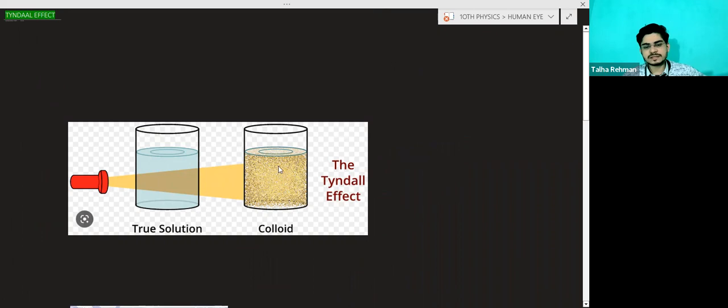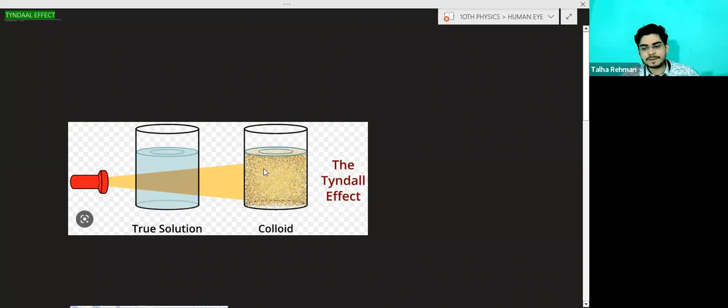Colloidal solution means there are some particles which are not completely dissolvable. These particles are just suspended particles. So what is happening here when a ray of light is coming like this? You can see, here no particle is visible.